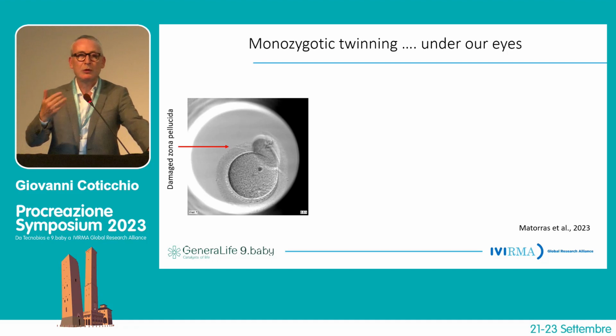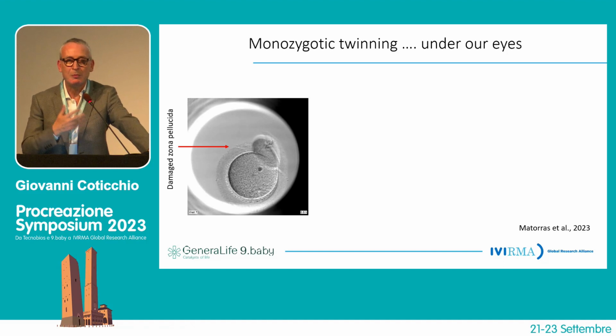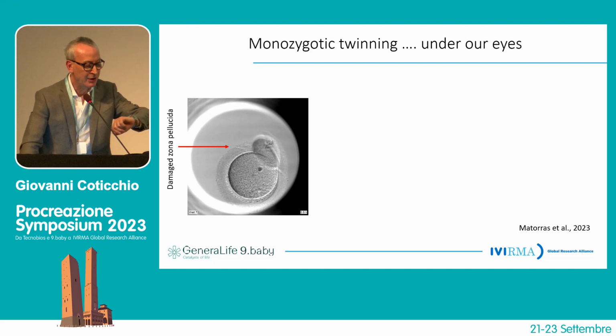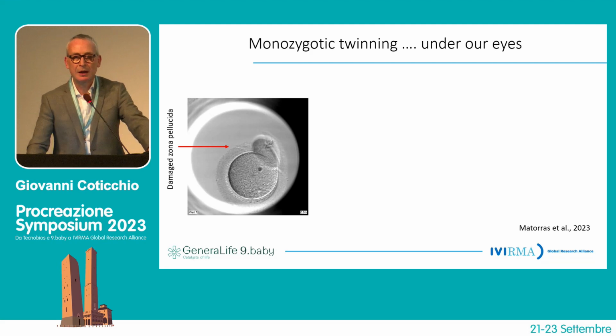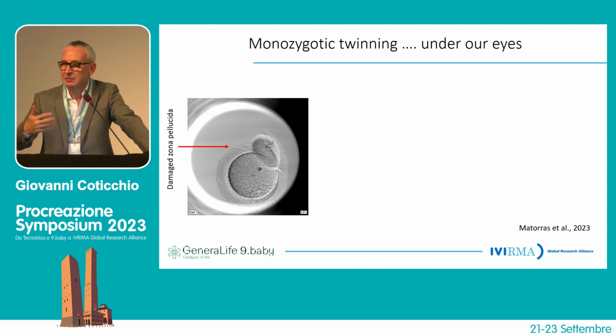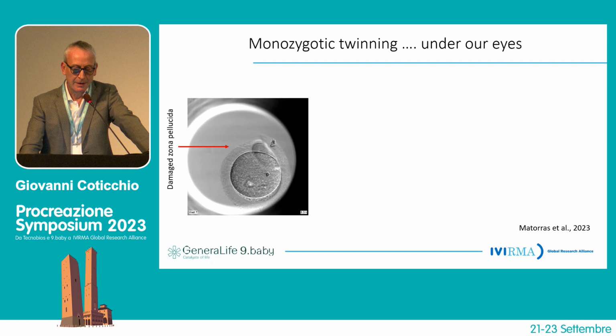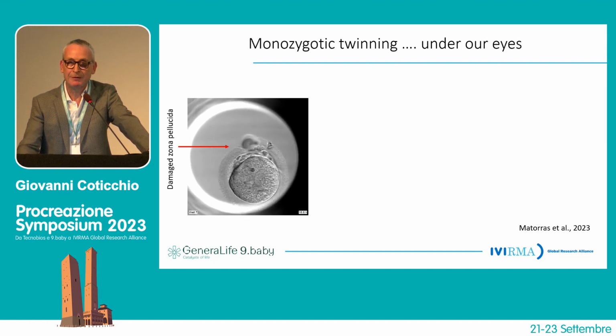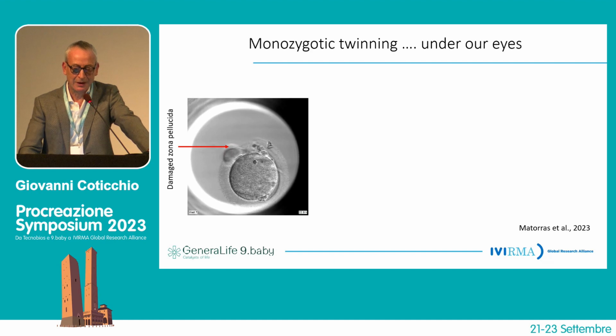And there are also occasional observations, which, however, are very instructive of how things can happen. You can perhaps appreciate the slit in the zona, which probably was generated accidentally. And I'm going to show you what happens in the next several hours after ICSI.